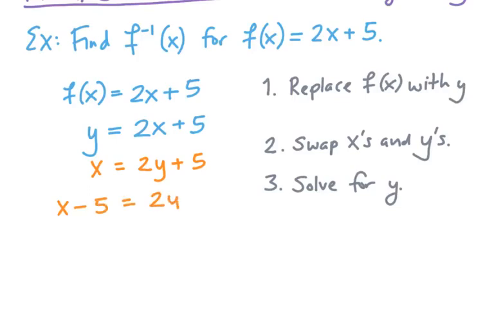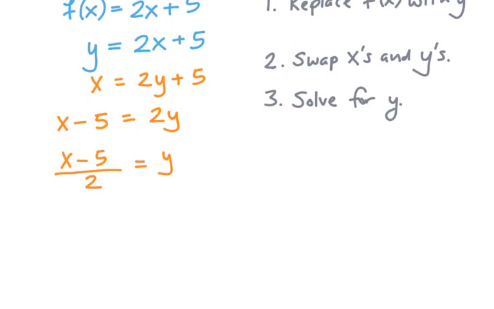And then I'll just divide both sides by 2. So x minus 5 divided by 2 will equal y. And just to help our heads, this is a small step, but I'm going to say instead y equals x minus 5 divided by 2, just so it begins with y.